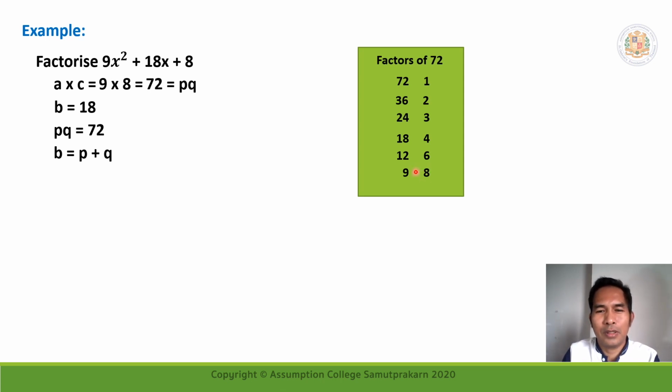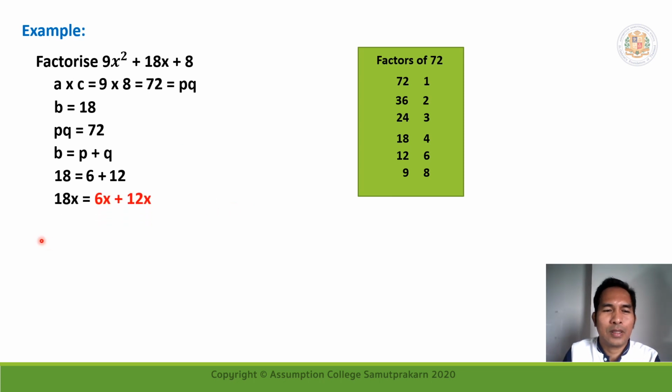So what numbers do we want? Yes, that is 12 and 6. 18 is 12 plus 6 or 6 plus 12, it's okay. And again, if you multiply, it will give us 72.